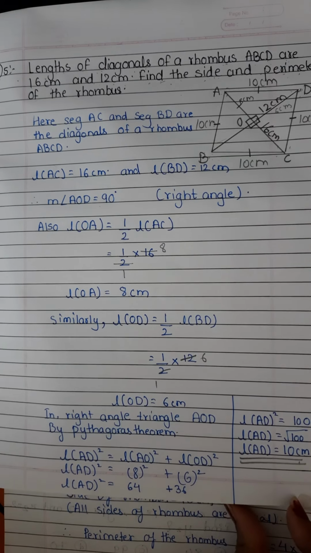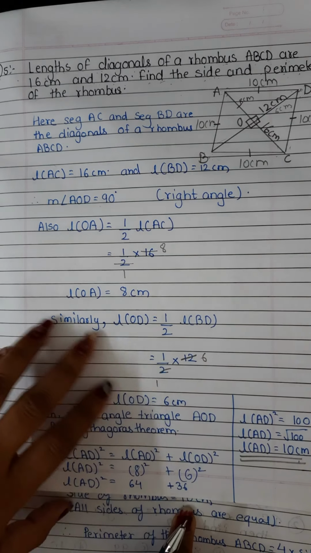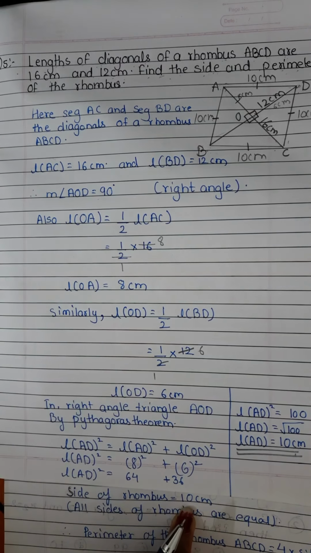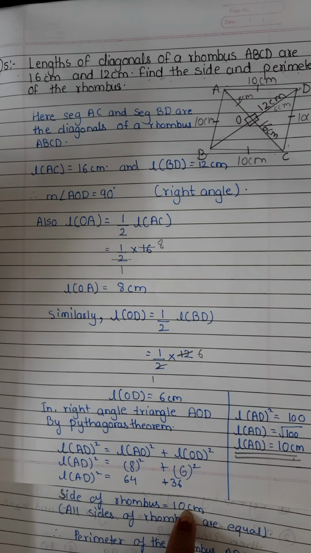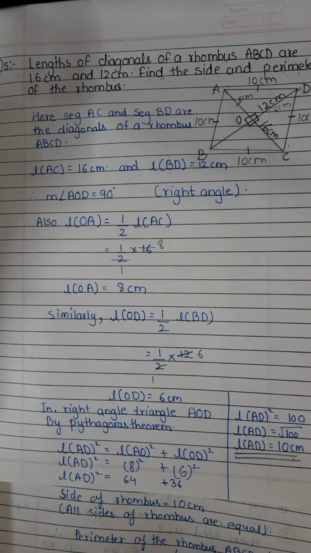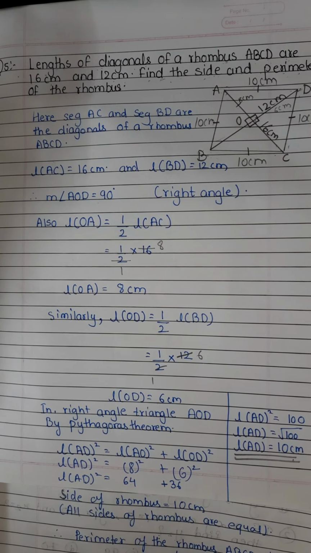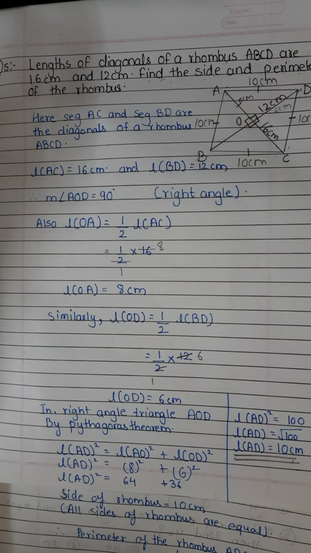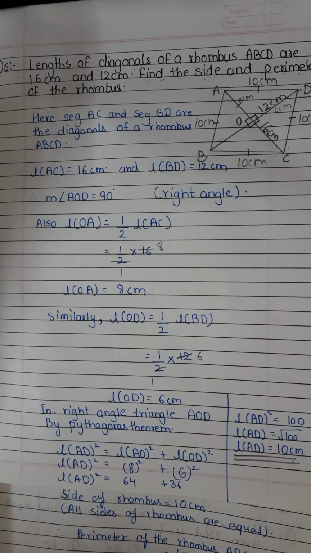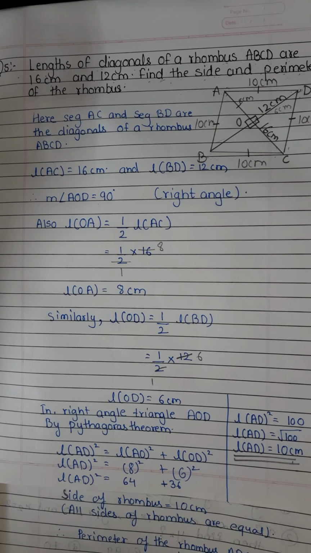So 4 multiplied by 10 is 40 centimeter. Perimeter of the rhombus is equal to 4 into side, 4 multiplied by 10. So the answer is 40 centimeter. So the perimeter of rhombus ABCD is equal to 40 centimeter.